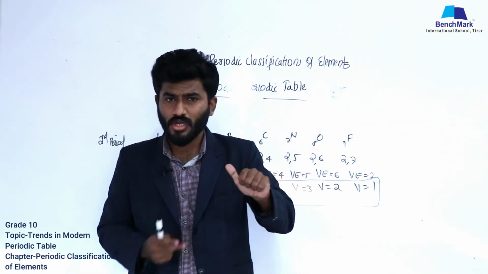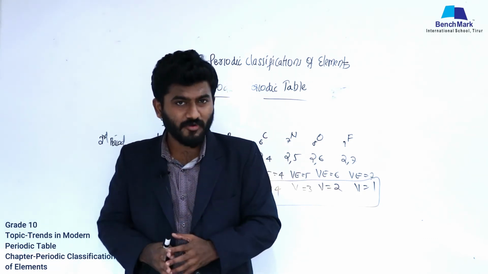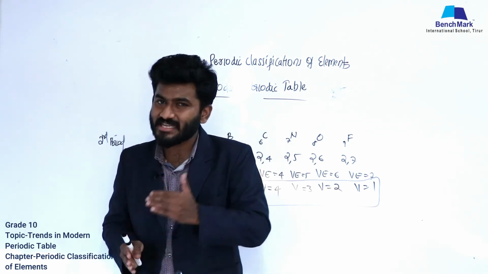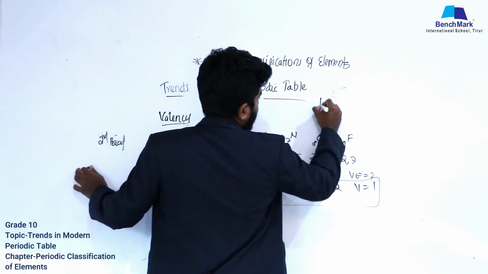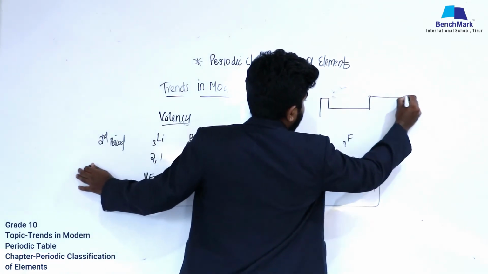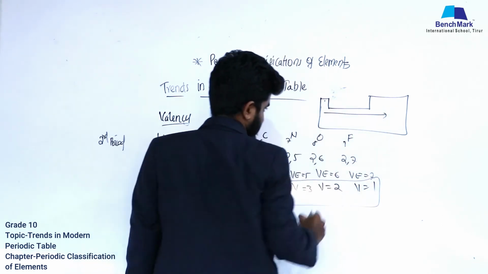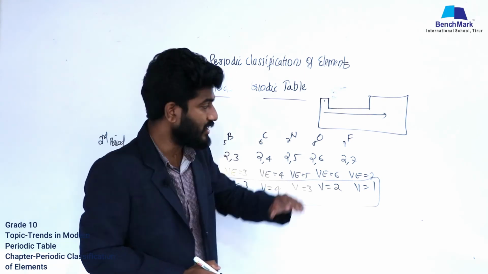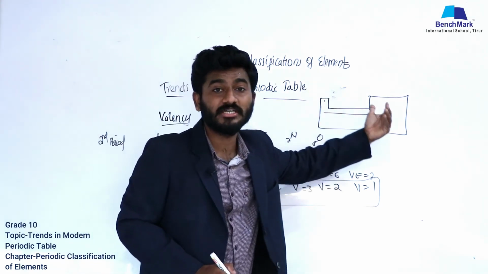And as I told you, what happens to the electropositivity and electronegativity? Electropositivity and electronegativity are connected with metallic and non-metallic nature. We know that if we move from left to right, metallic nature decreases, and non-metallic nature increases.